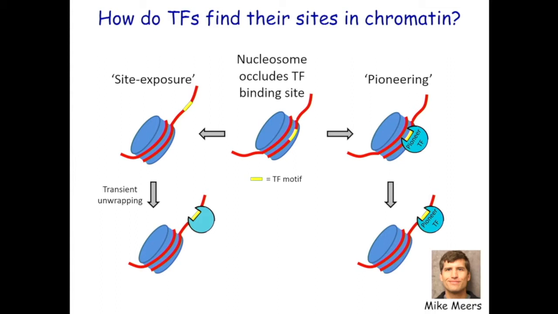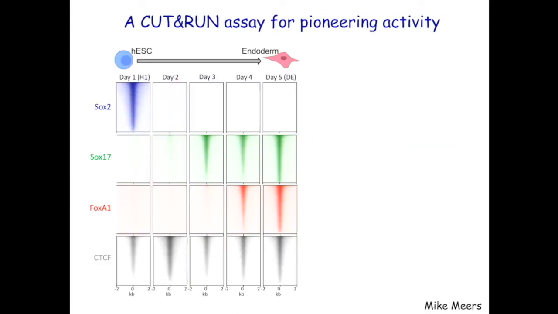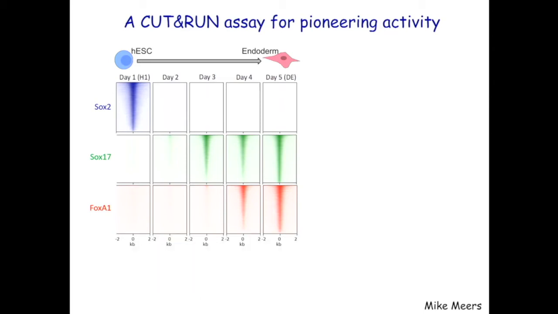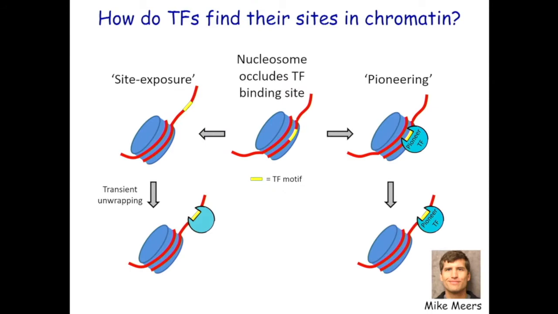And Mike realized he could use CUT&RUN in order to distinguish these models and see what's going on. And to do this, we adopted a human ES cell to endoderm system. So SOX2 is a pluripotency factor, and this is the CUT&RUN signal.